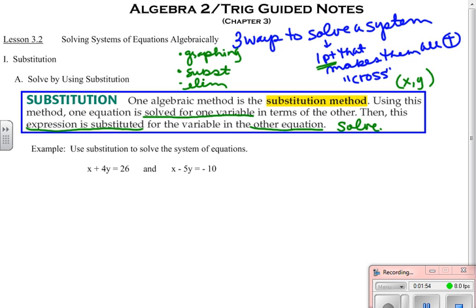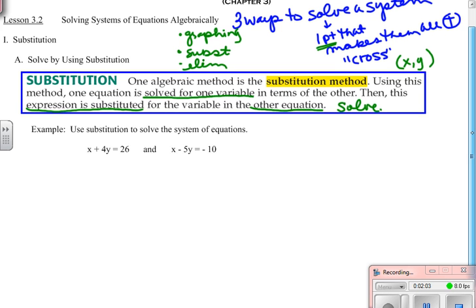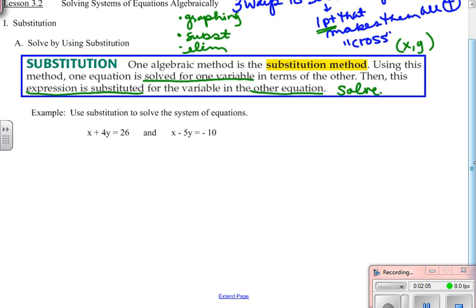Then you take that answer, substitute it again, and find the missing variable. Now there's always multiple ways to do this, but we always want to pick the easiest, least cumbersome, least amount of work. So when I look at these two equations, I'm always going to look to solve for the variable that doesn't have a coefficient, a number in front of it, if possible, because that means I'm not going to have a division. So I could solve either one of these.